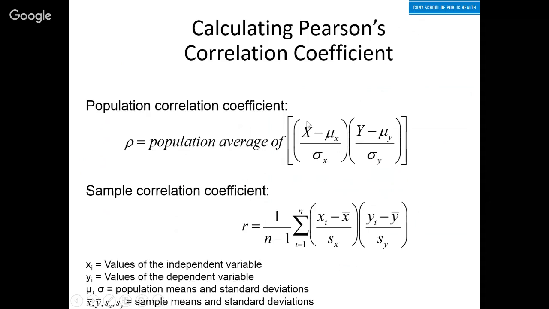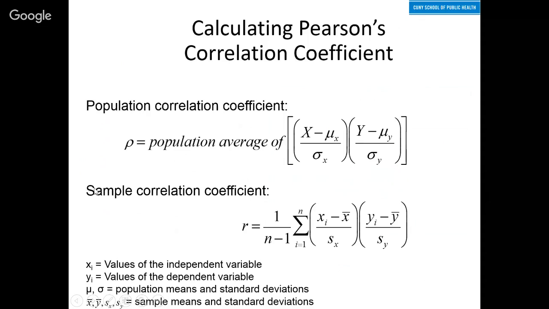And this just adds to those and uses two variables. So you need the mean and the standard deviation for each of your two different variables, and the x and the y values for each member of the population.